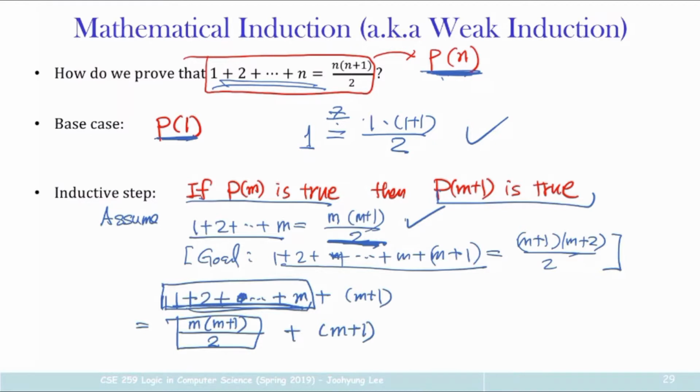Now what I'm going to do is multiply the numerator and denominator by 2 so that I have the same denominator. If you want to add fractions, you have to make the denominators the same. And I'm going to add these two terms, but they have a common factor. What is the common factor?